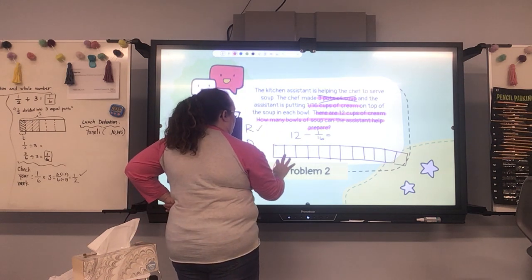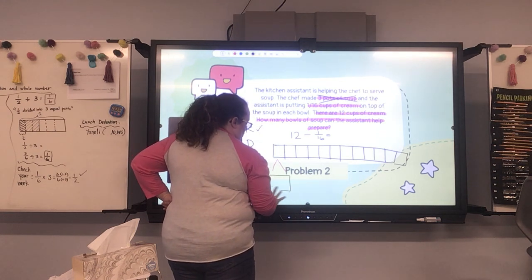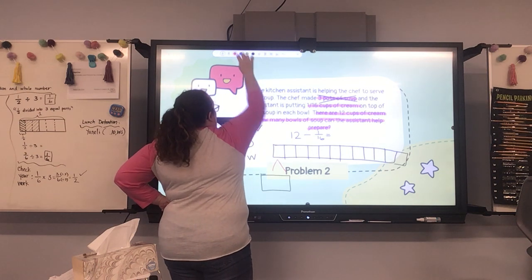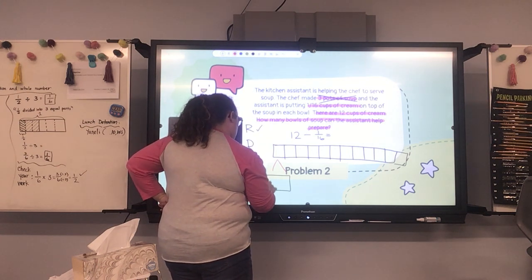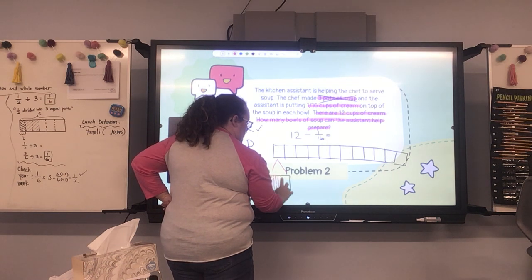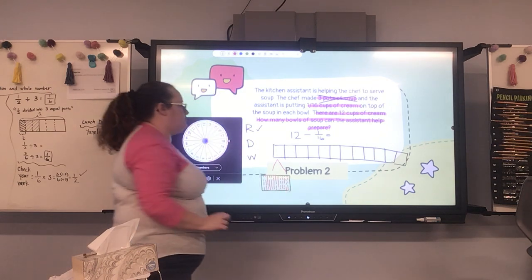Well, if I do that right there, you're not really going to be able to tell what I'm doing. Okay, so here is my one box. I just made it bigger, and I would split it into 1, 2, 3, 4, 5, 6, 7, 8, 9, 10, 11, 12... okay, so there's 16 groups.